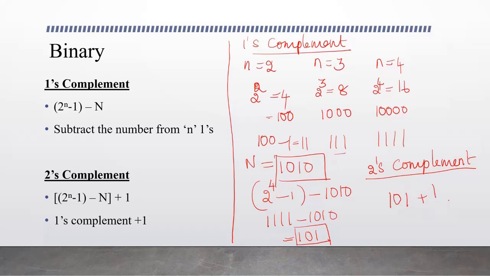So when we add 101 plus 1, 1 plus 1 is 10 in binary, so it is 110. The 1's complement of 1010 is 101 and the 2's complement is 110.